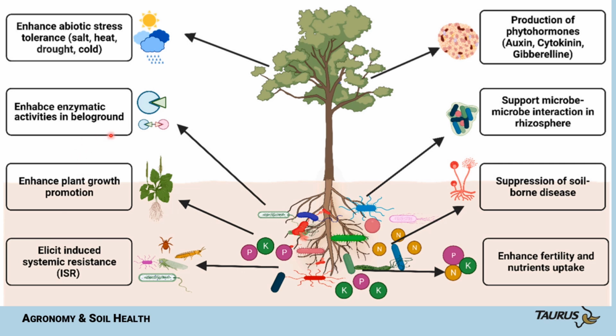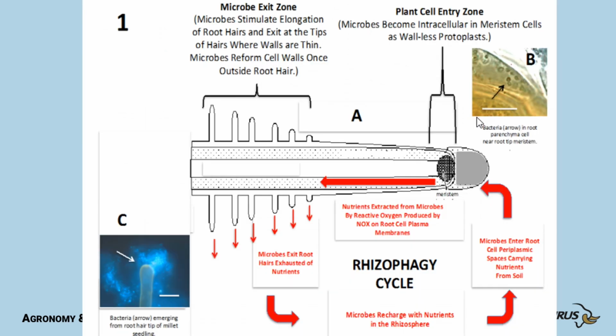They are involved in enzymatic activities below ground and enhance ability to deal with abiotic stresses. And they produce some phytohormones as well that are useful to the plant and influence that. They suppress soil-borne microorganisms, enhance fertility uptake and nutrient uptake through the recycling of these minerals from both the organic material and from the soil particles in the soil to solubilize those.